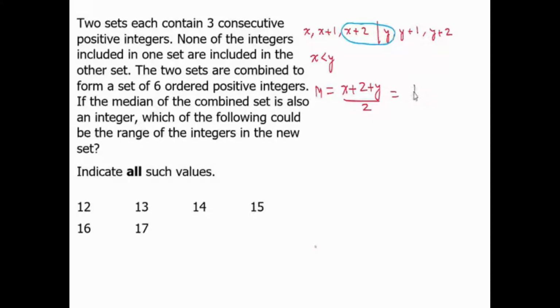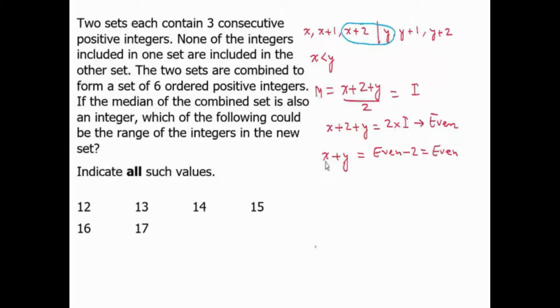So this being an integer, then x plus 2 plus y is equal to 2 times an integer, which is an even number. 2 times any integer is an even number. It's a multiple of 2. Or in other words, x plus y is equal to an even number minus 2, which is also an even number.